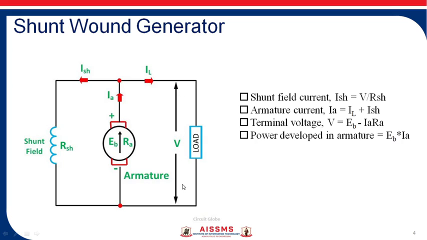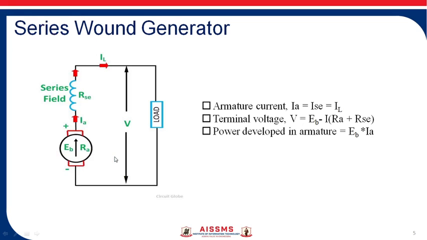Terminal voltage V is equal to EB minus voltage drop across the armature, and power developed in the armature is EB into IA. This type of generator is called shunt wound because the field winding is in parallel with the armature.